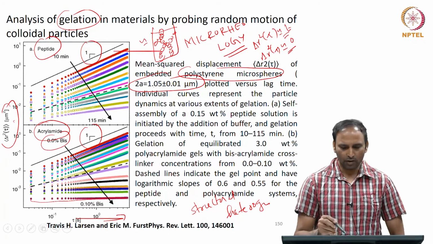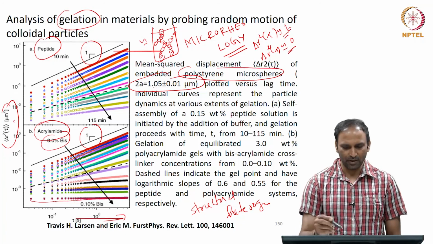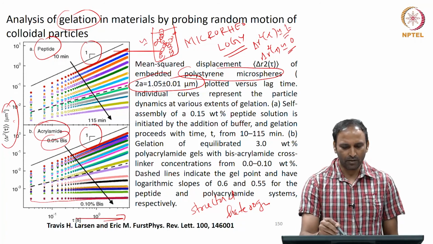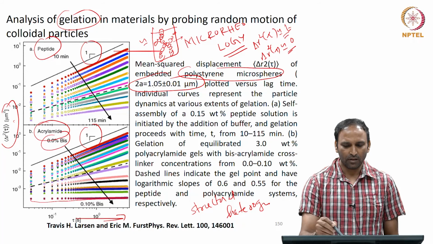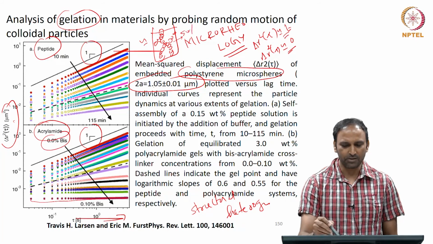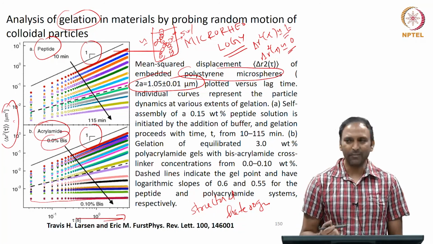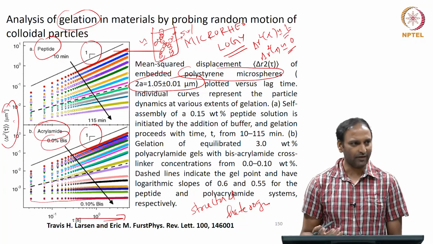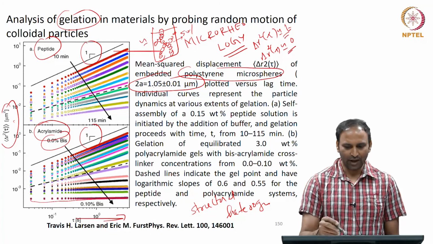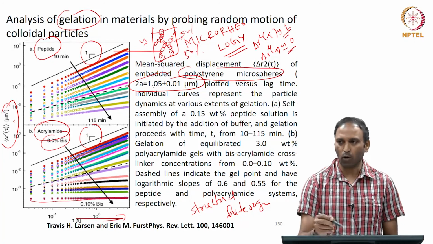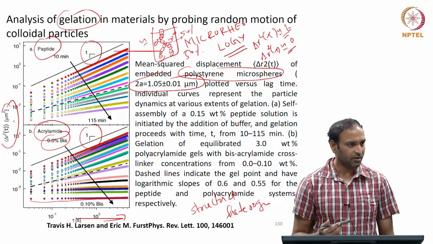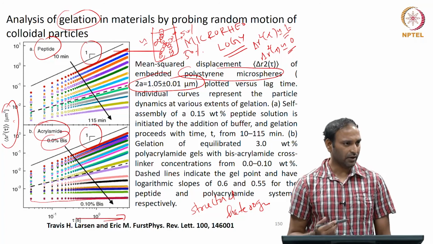Say that I have taken a dispersion which has 50% particles by volume, and I have made that gel. I have induced gelation. So, you will have 50% still water, or the fluid, the continuous phase, whatever you had.